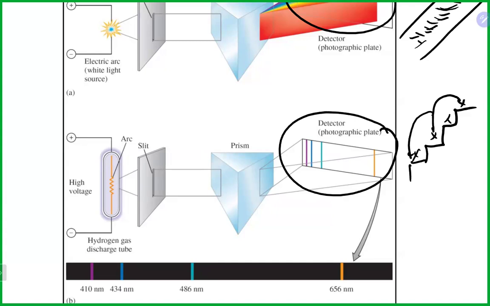You can also, just by looking at some of the colors, as we will see, for example, this color is closer to the red side of the visible part of the spectrum. And red is longer in wavelength and lower in energy, as opposed to, say, this purple line that we see over here, which is on the shorter end of the visible part of the spectrum, which is higher in energy.